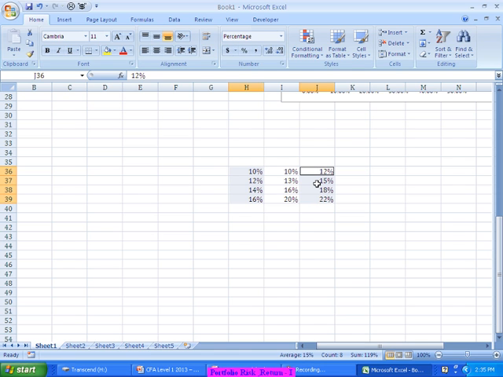For a 10% risk, this person may be fine with 11% return. For a 12% risk, he wants a 14% return. For a 15% risk, he wants a 20% return.